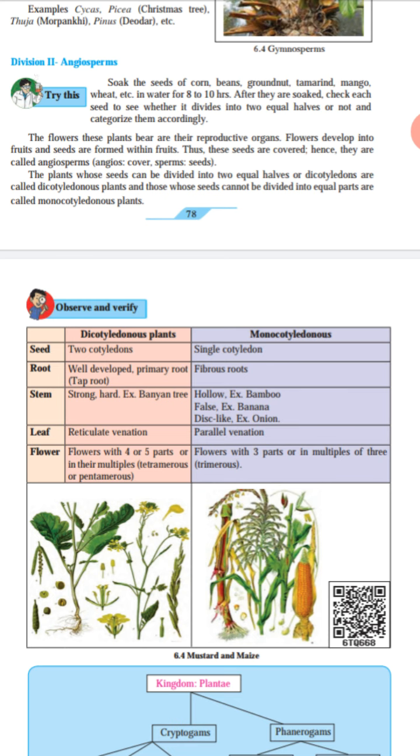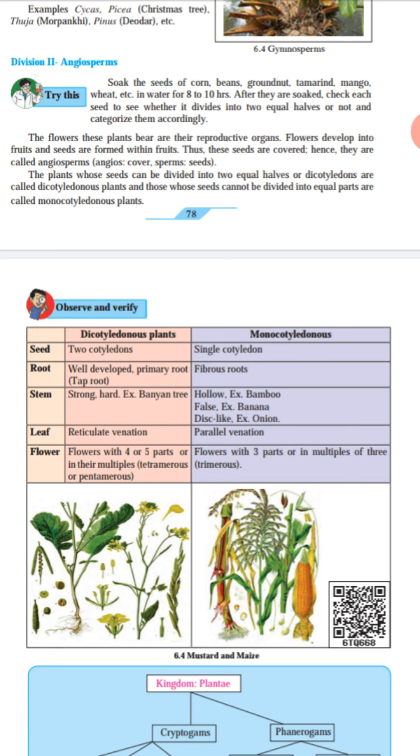And third, disc like stem, for example onion.